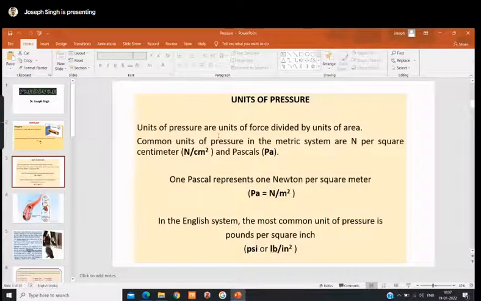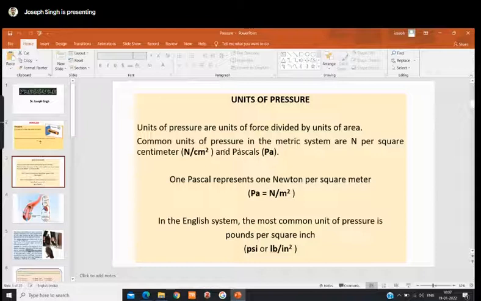Moving further, what is the unit of pressure? The unit of pressure is force divided by area. So the common unit is N per square centimeter. This N is Newton. Newton per centimeter square.